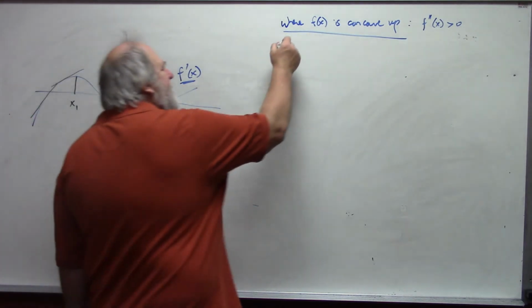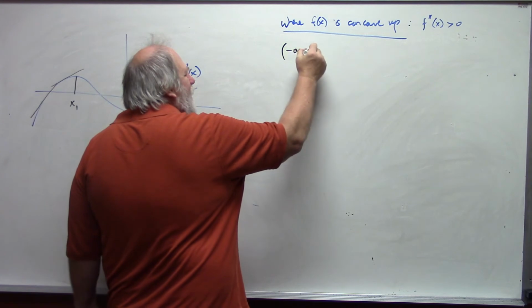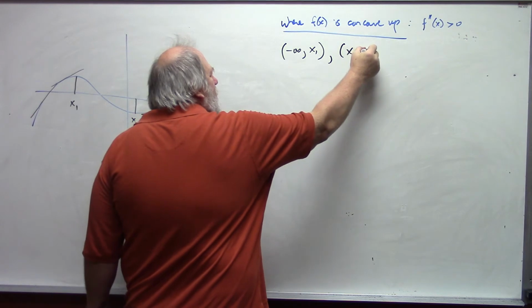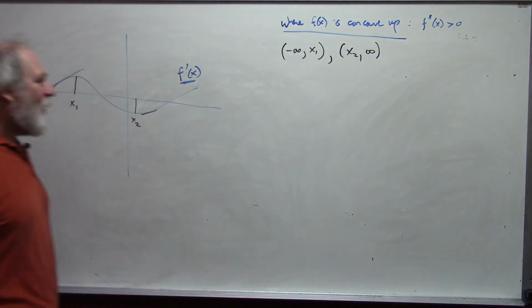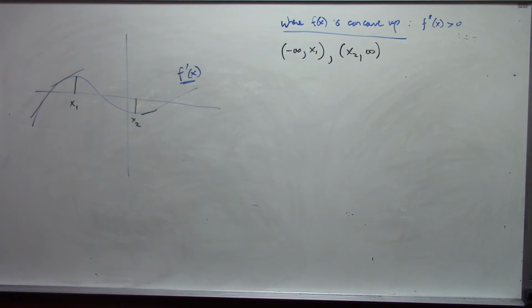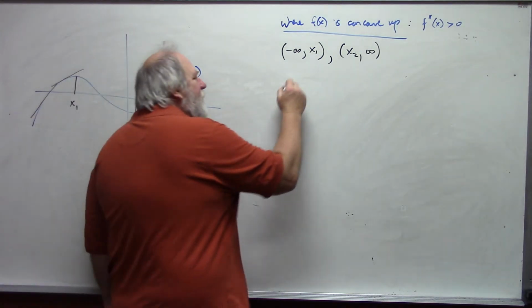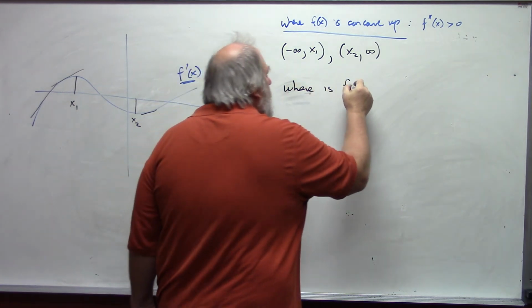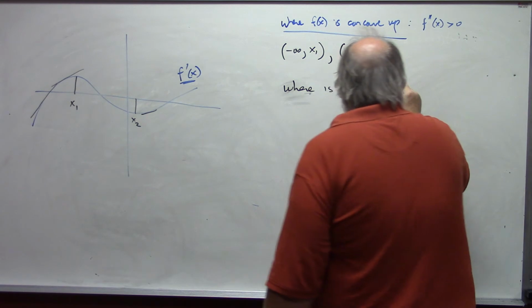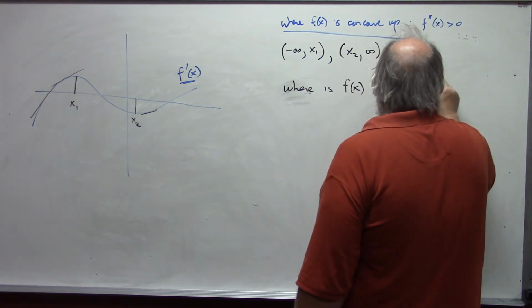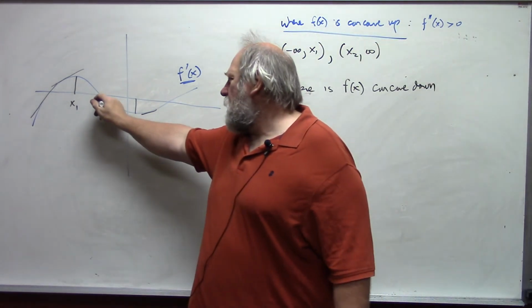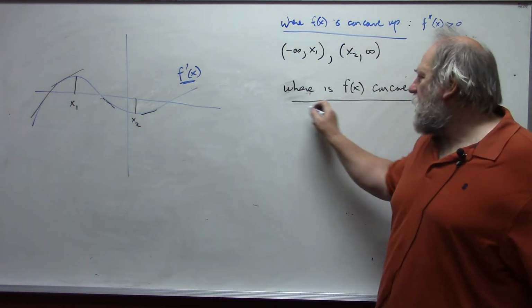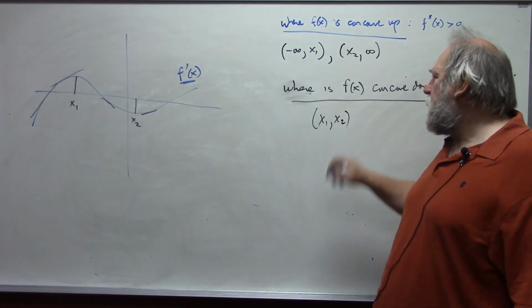And so we would say on the intervals from negative infinity to x1, my function is concave up, and also from x2 to infinity. The original function is concave down when the derivative of f prime of x is negative. That would occur in this middle section here.